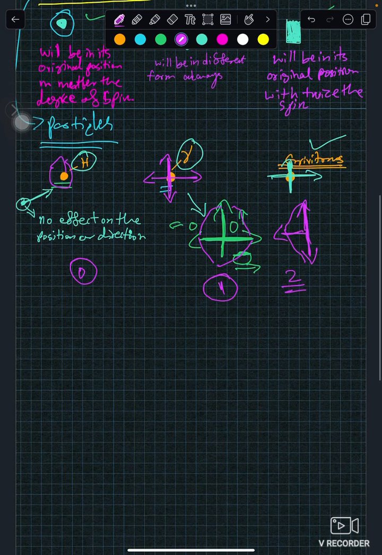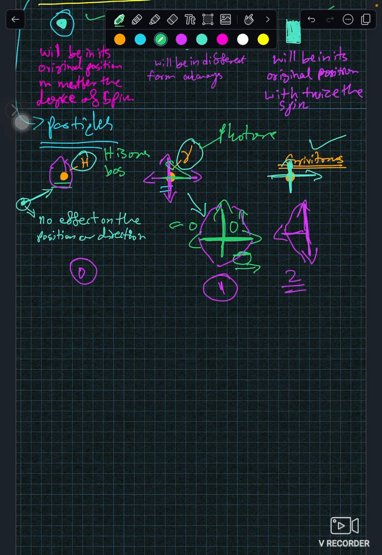Okay, so if I describe it in states, how will I describe it? Here it will be 1 turn for each change, and for photons, Higgs boson.